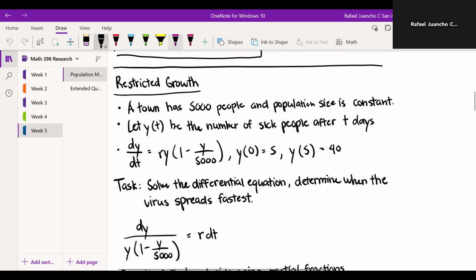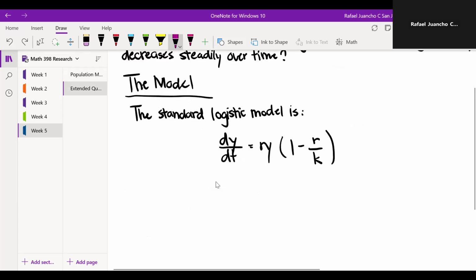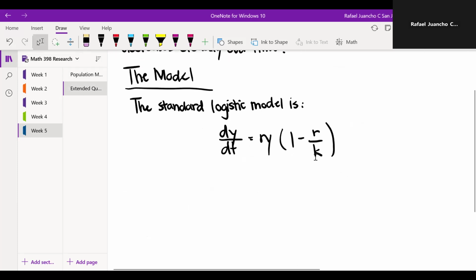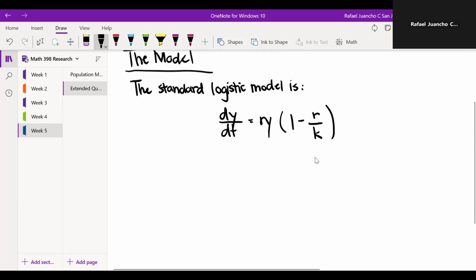Here, notice how I'm using the same standard logistic model, but instead of k being a constant, now it's a function, because my carrying capacity is also moving, or it's decreasing. So that's the standard logistic model.